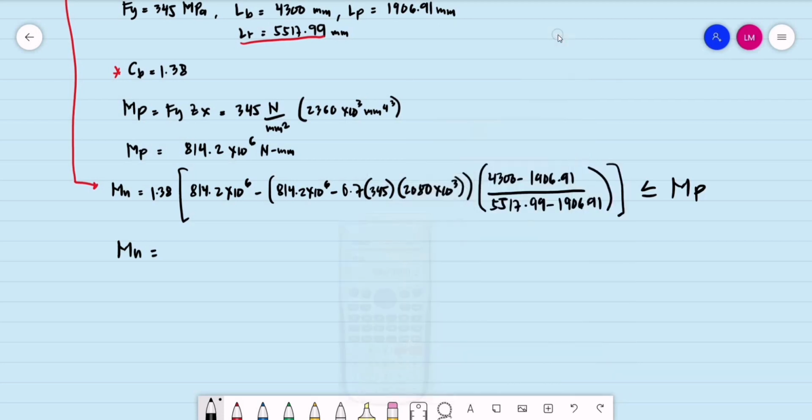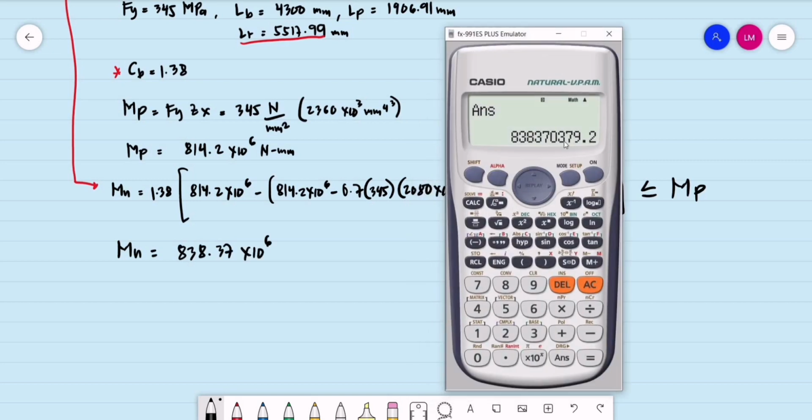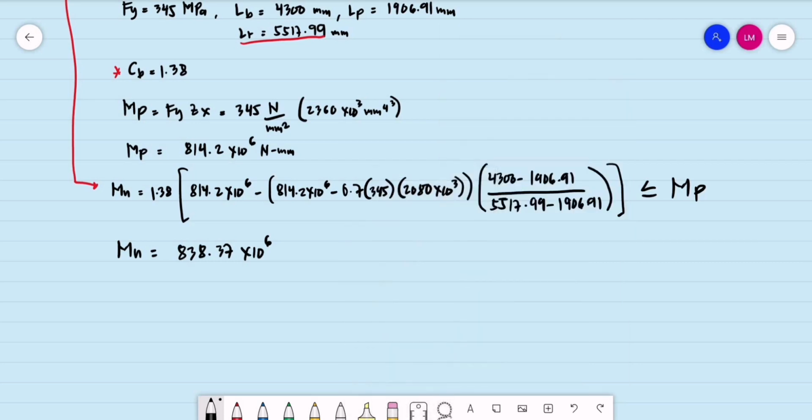So we have this as 838.37 times 10 raised to 6. So let's just double check. 838.37 times 10 raised to 6 Newton millimeter.